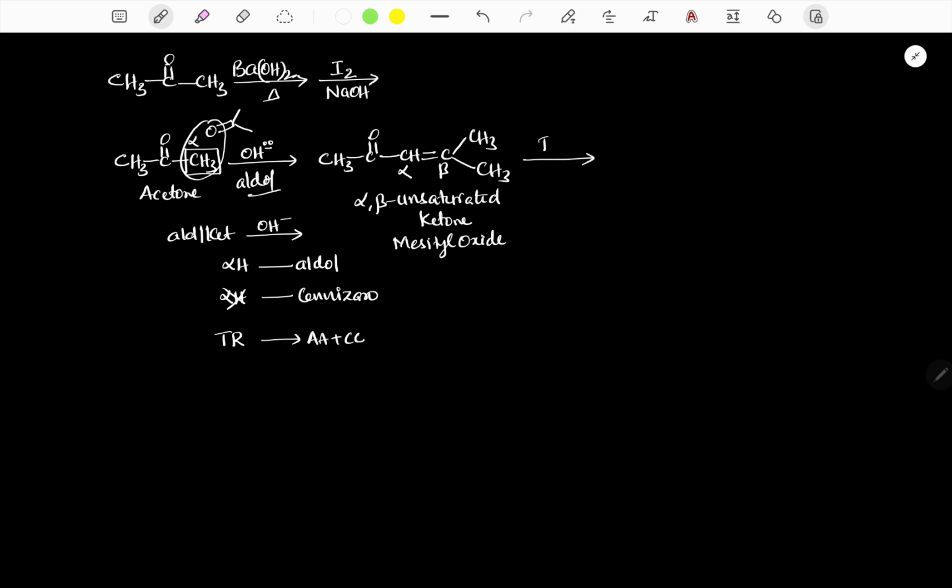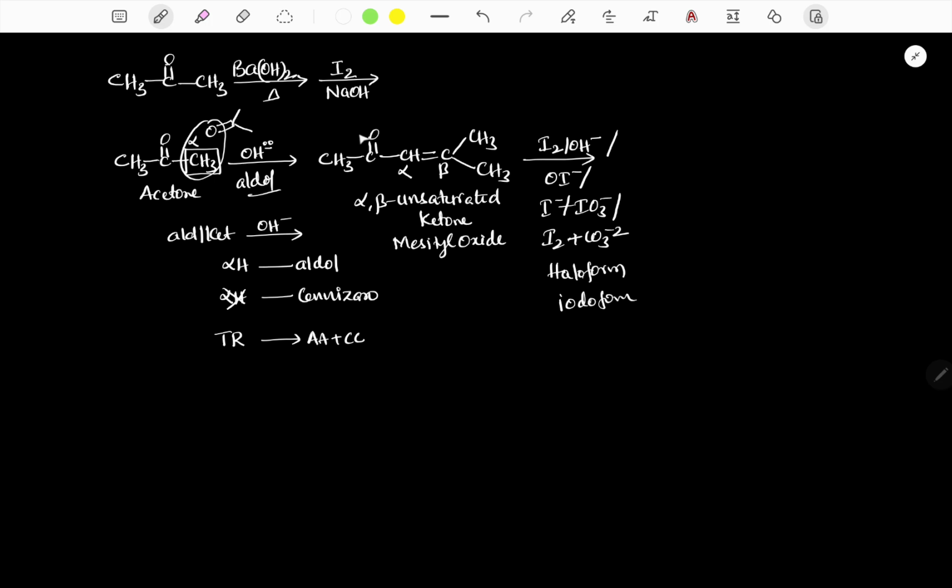Now it is treated with I2 and OH-. We can also consider OI-, or I- plus IO3-, or I2 plus CO3 2-. Because of the ketone presence, this is a haloform test, and in this case the iodoform test.